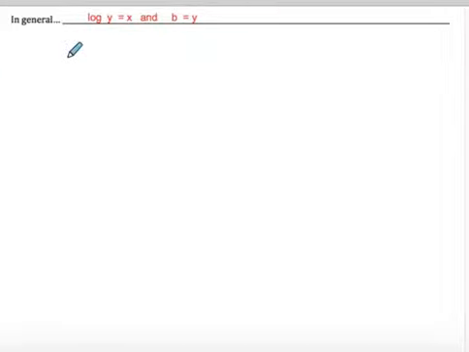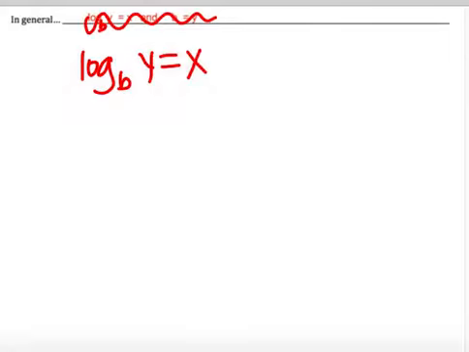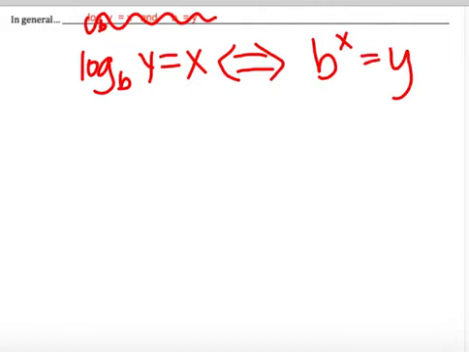In general, log base B, I'm going to go ahead and write this a little bit bigger. So log base B of y equals x. That is the same as b to the x equals y.